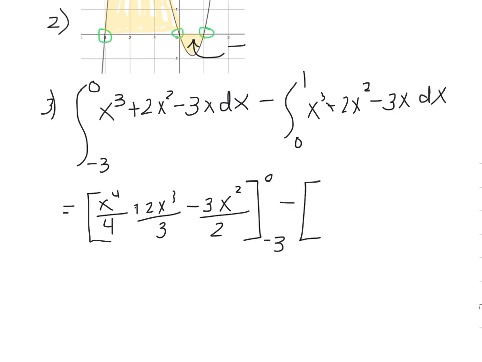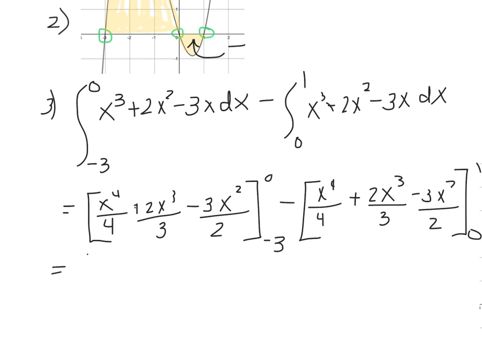Subtract the exact same integral, x to the power of 4 over 4 plus 2x cubed over 3 minus 3x squared over 2, evaluating that between 0 and 1.